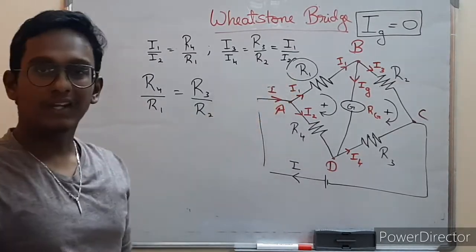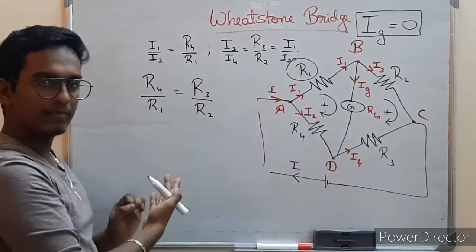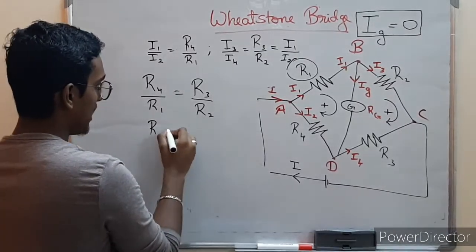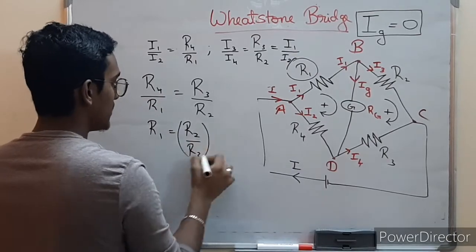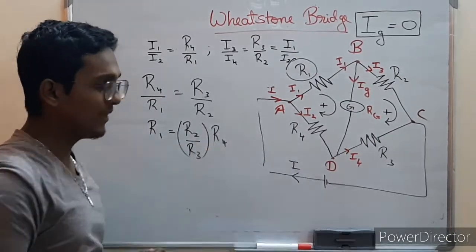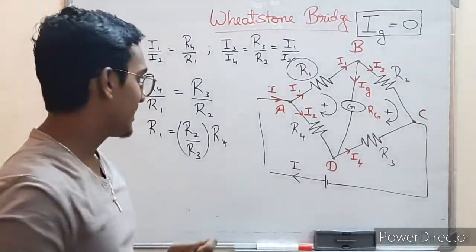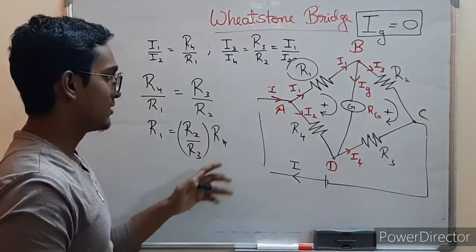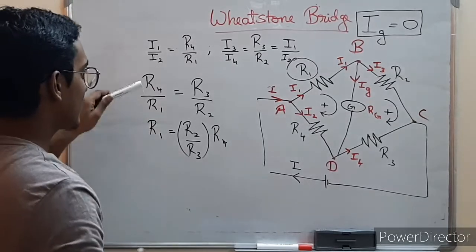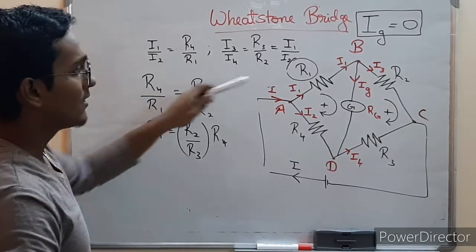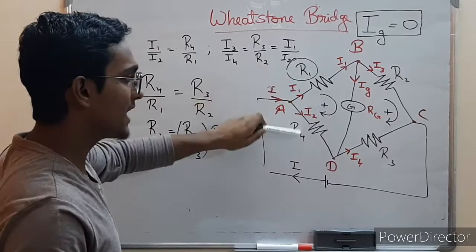Now, for example, if we need to find R1 and we know the remaining three resistances, we have R1 equals R2 by R3 times R4. Now, it's always better not to memorize the result because the markings can differ, but you can just remember the pattern that the ratio is always taken between the resistances which are on the same side.